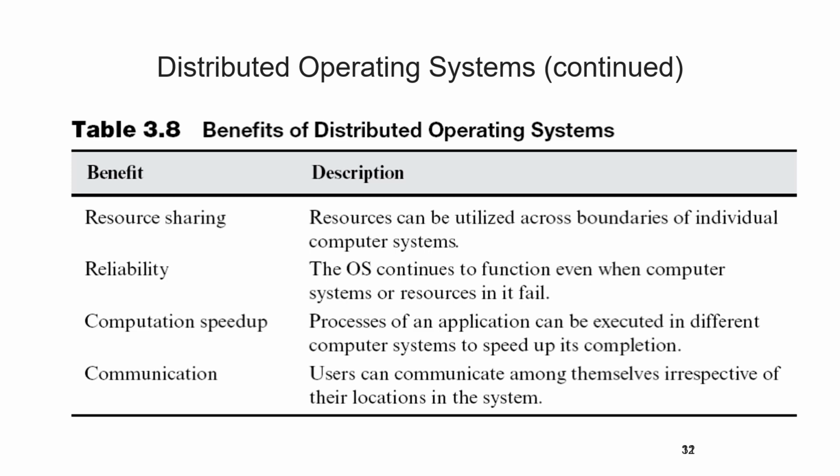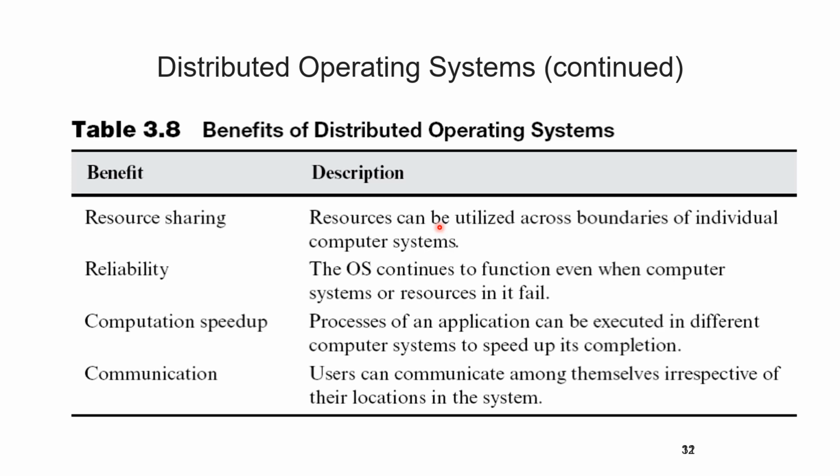Now, the benefits of distributed operating systems. The benefits are resource sharing, reliability, computation speedup, and communication. Now, what do you mean by resource sharing? Resources can be utilized across the boundaries of individual computer systems. The computers connected in a network can share resources among them.